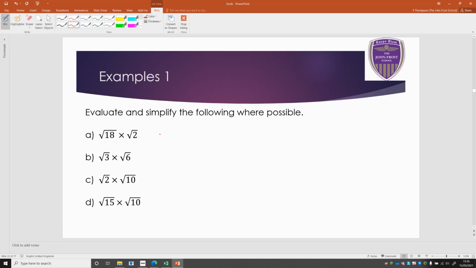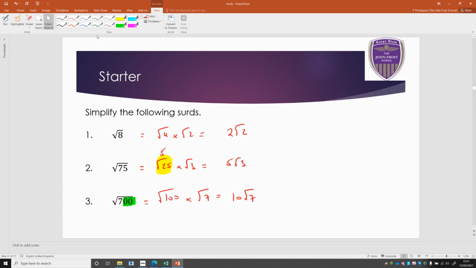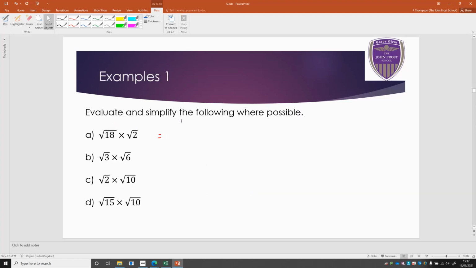Okay, welcome back. Now, this first one, what you'll notice is that from the start, you can take a surd and pull it apart into two other surds, and the reverse process is also okay. You can take two surds and make them back into a single surd. 18 times 2 is 36. So this actually is root 36.